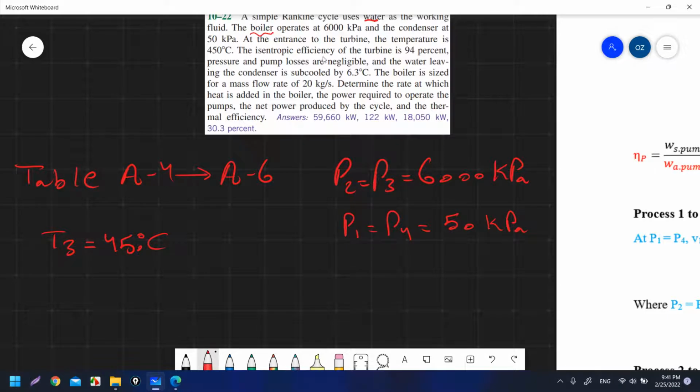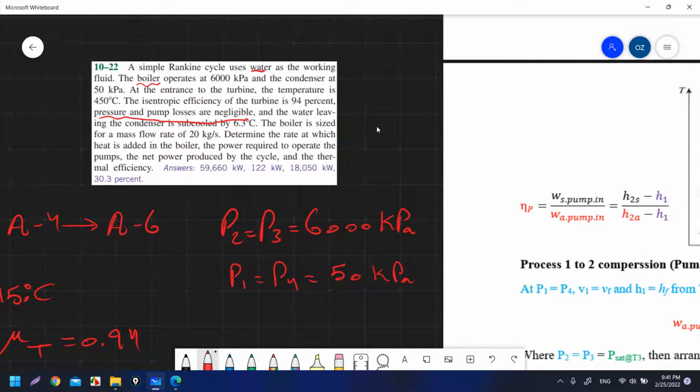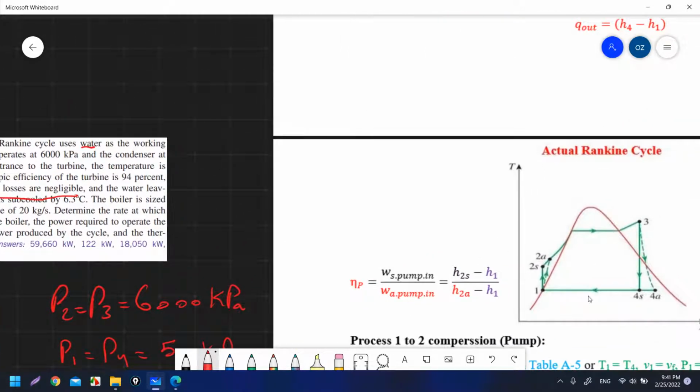The isentropic efficiency of the turbine, eta T, is 0.94. Pressure and pump losses are negligible. In this whole book, in this chapter, we neglect the pressure losses and also the friction in the boiler and the condenser.